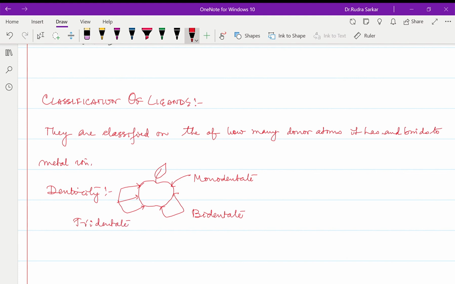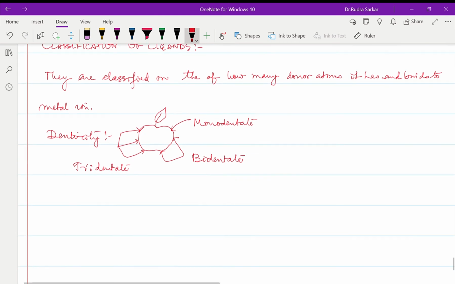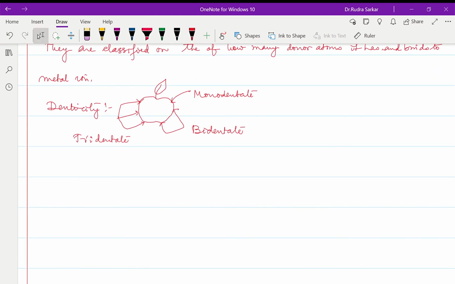So whenever we are talking about binding capacity, that is called denticity. Understood? ठीक है ना? All right.